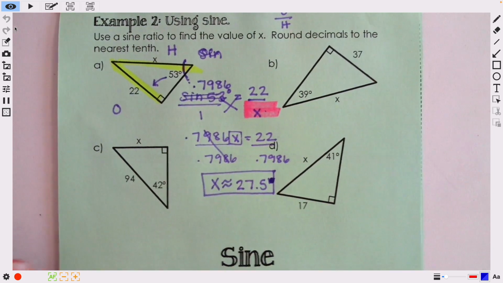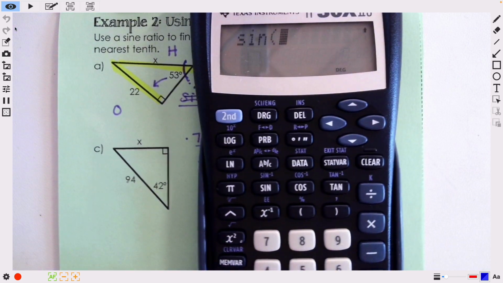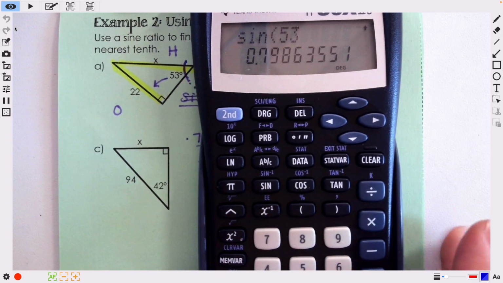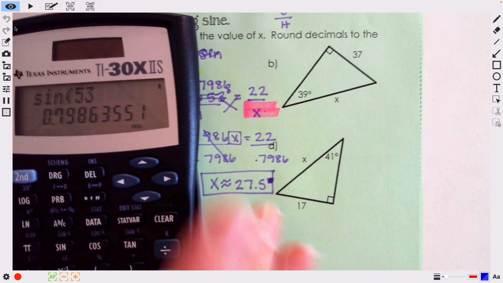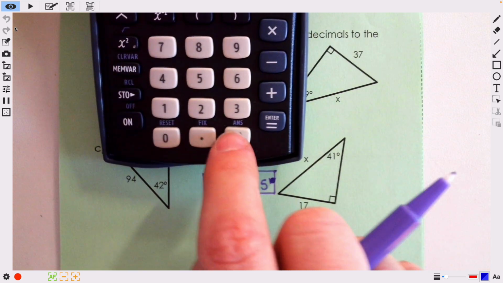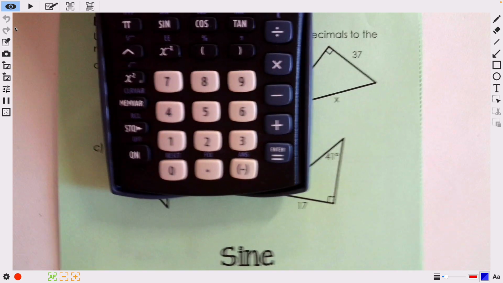Okay, I want to show you a calculator trick that someone taught me way too late in my life, and it ended up being really helpful when I got into higher mathematics. If I type in the sine of 53 and I get a decimal, and I don't feel like retyping in that decimal, there's a button right here that says ANS. It stands for answer, and it stands for the previous answer that you got.